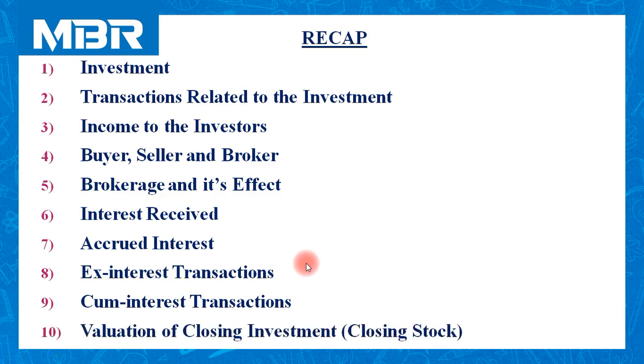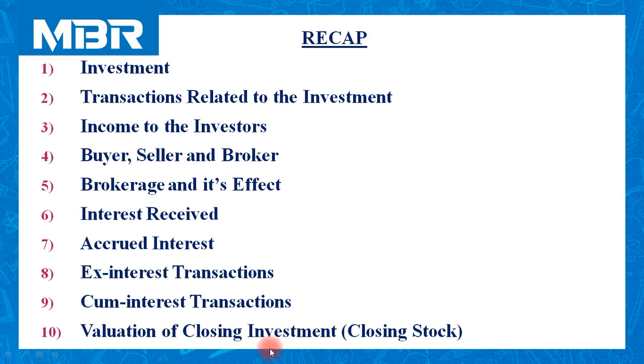And last but not least, point number 10, valuation of closing investment, that is closing stock. There are two different methods available to us for the purpose of valuation: FIFO and LIFO, last in first out. So always follow the information given by the examiner in the question.